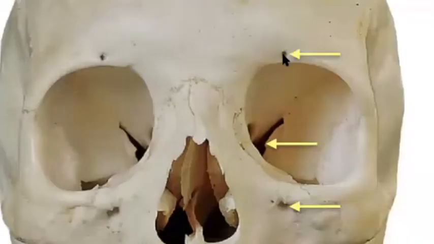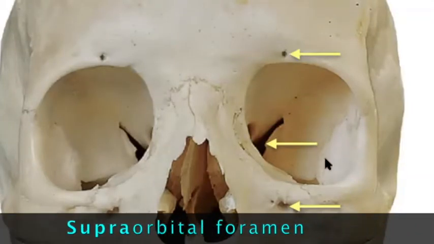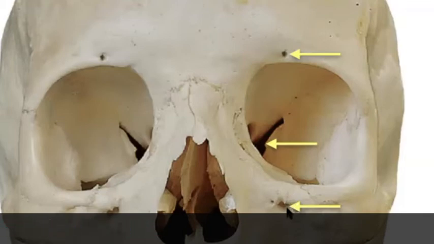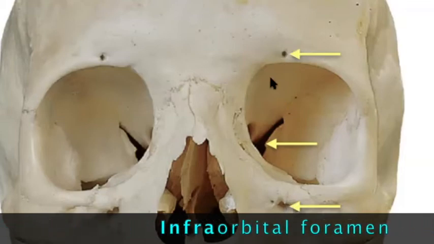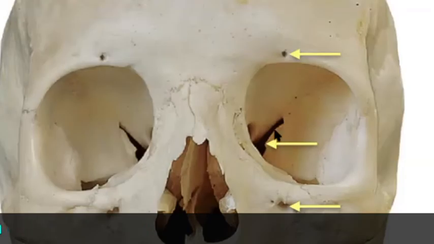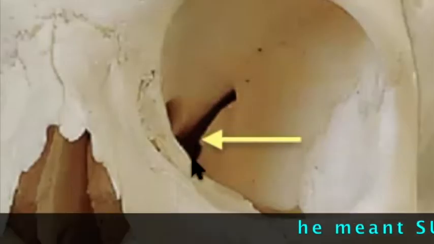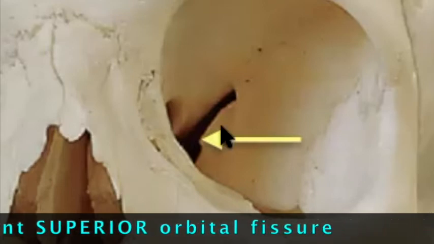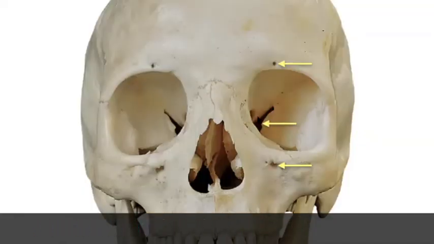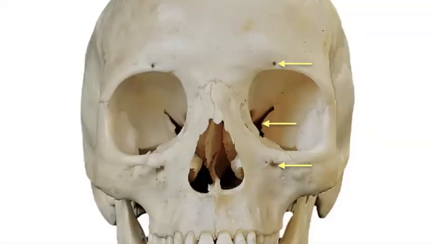So this top one, the orbit, is your eyeball. You've got a supraorbital foramen and an infraorbital foramen, above and below the eye. And then in the back of the eyeball, you've got this supraorbital fissure right here. In my lecture videos, you can see all the nerves and stuff going through this hole.